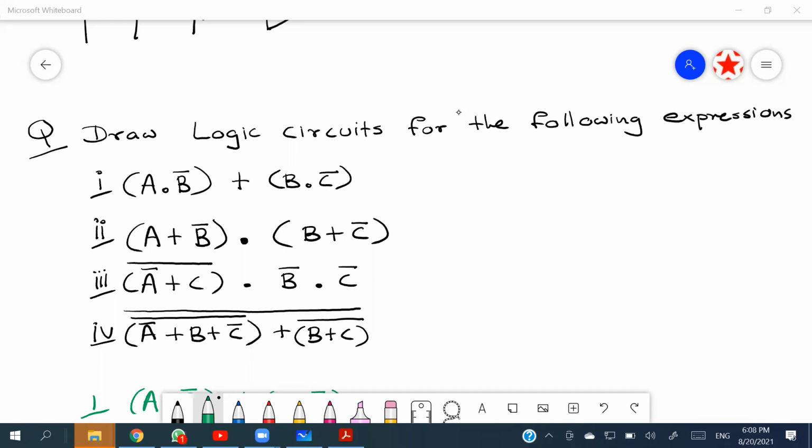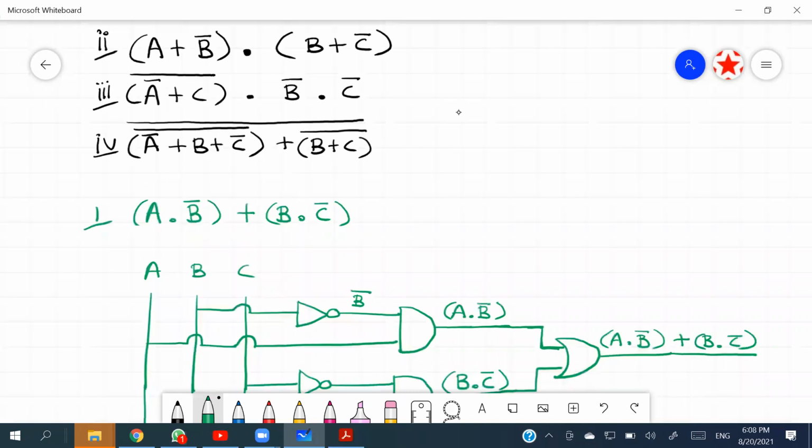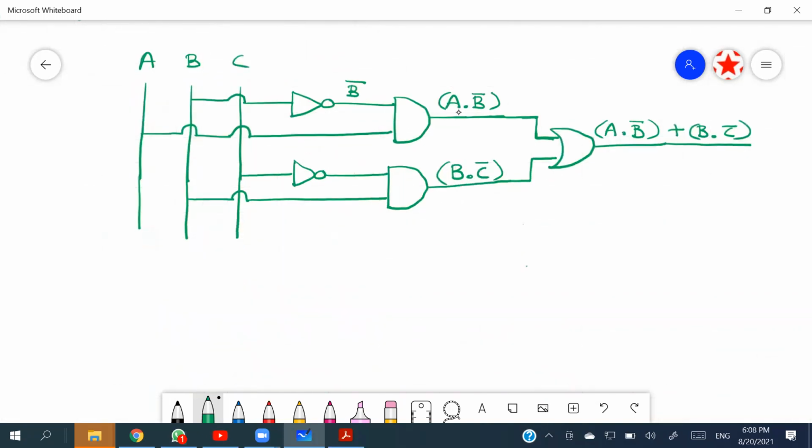All right. Is there anyone still finishing the second one? Okay, so I'm going to do the second one. So it's (a plus b bar) dot (b plus c bar).